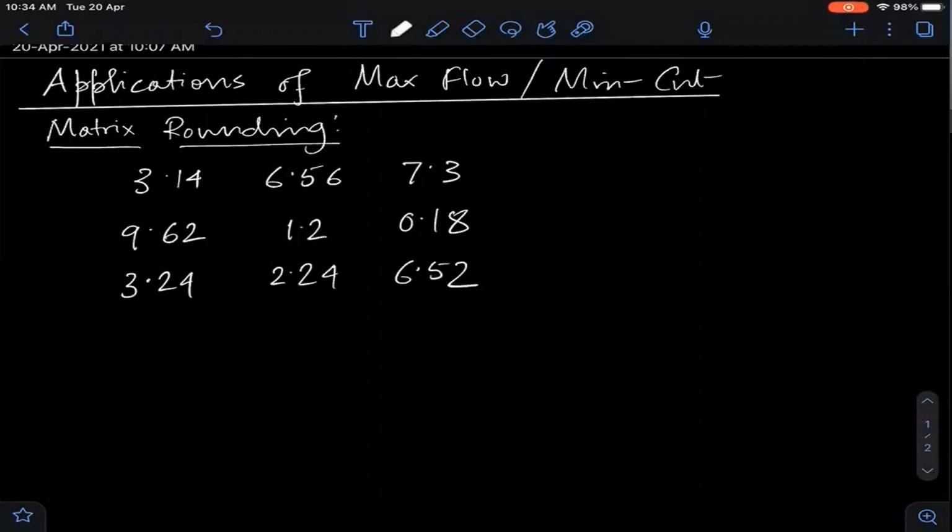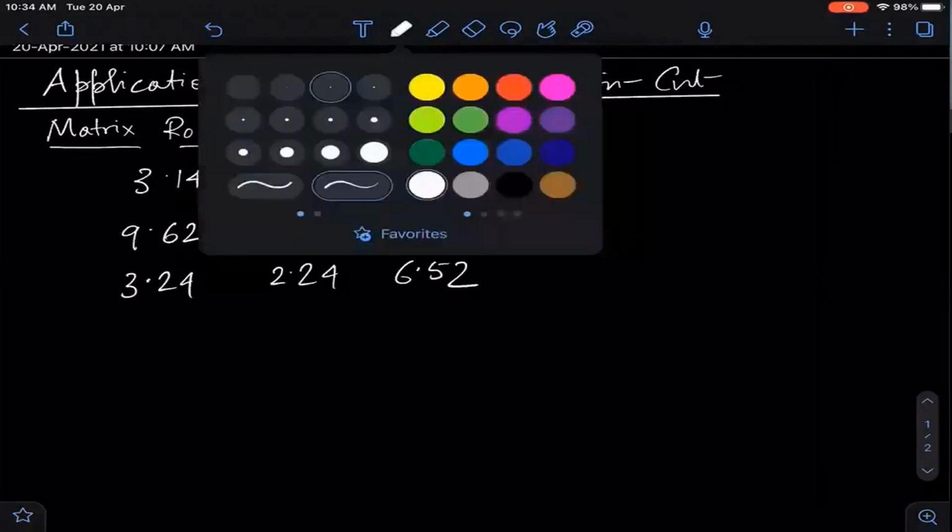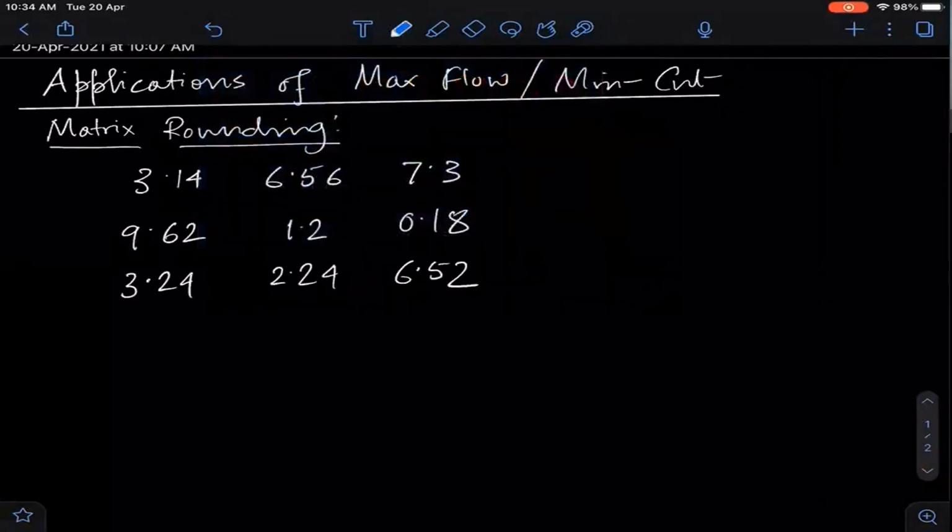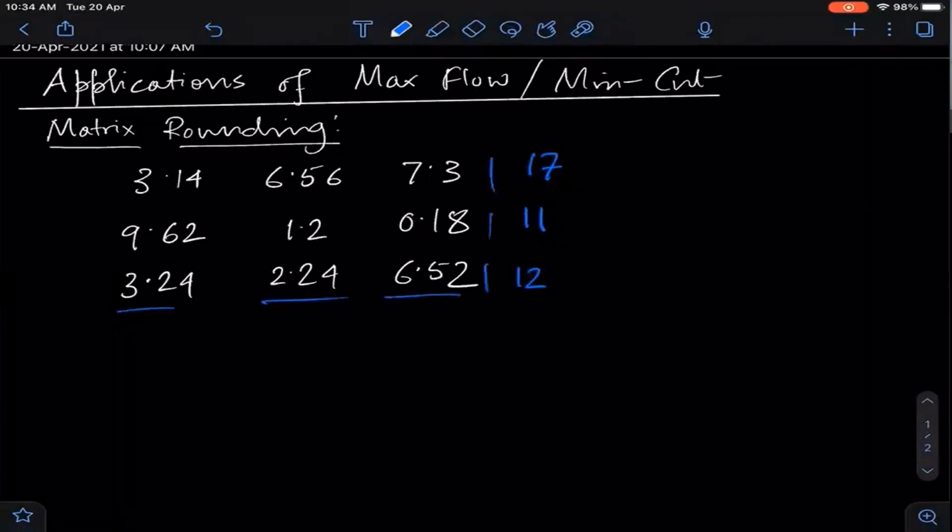The matrix is on the real number domain, so each entry is a real number. Let us also write down the row sums and the column sums. The row sums turn out to be 17, 11, and 12. And similarly, the column sums turn out to be 16, 10, and 14.